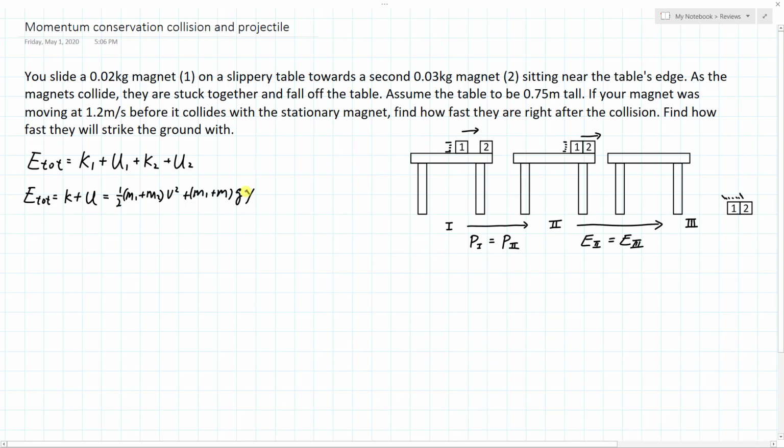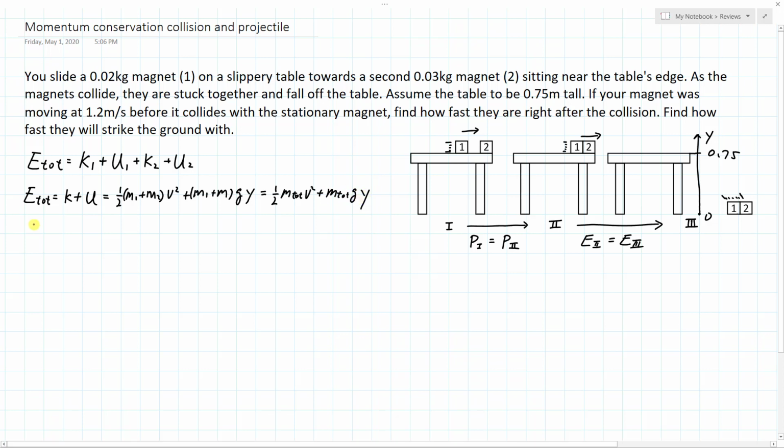So the y can be from the ground level and up. Y ground level 0, the tabletop is at a height of 0.75 meters. Okay, so we can further simplify this into mass total v squared plus mass total g and height.